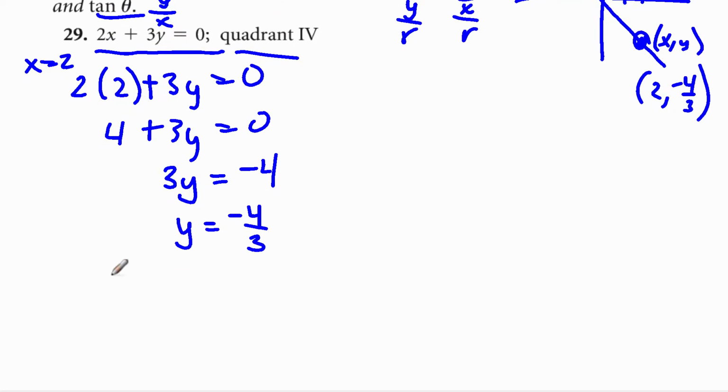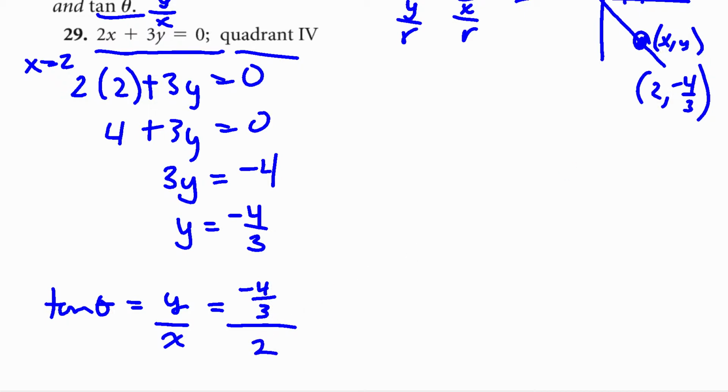Okay, so tan theta is equal to y over x. And I found y to be negative 4/3, divided by x, which is 2. So there's my value of tan theta. The problem is it looks like a complex fraction, so maybe I should simplify it a bit.